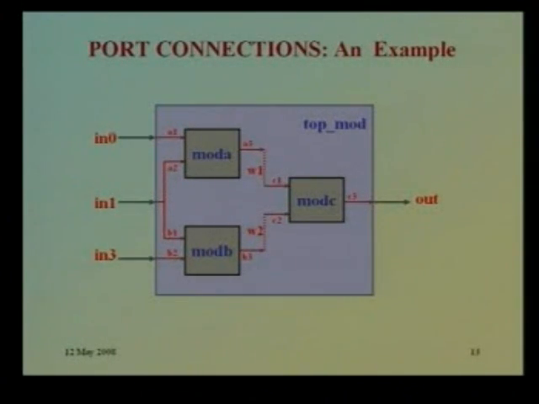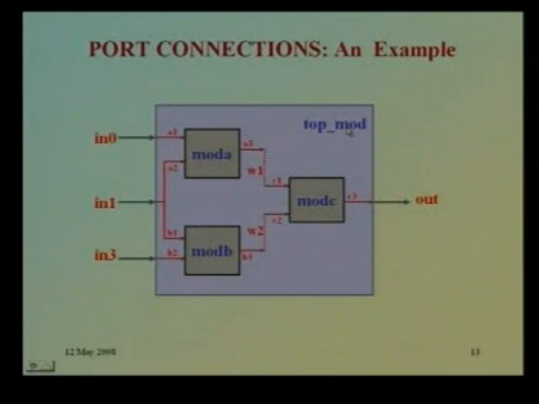For example, this is the block. I have three modules: module A, module B, and module C, and we have to connect them. These are the inputs in0, in1, in3, and out, which is the port declaration I have done in the top module.